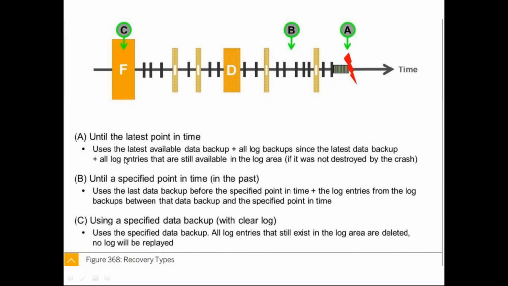That's the meaning of uses the latest available data backup, plus all log backups since the latest data backup. So this is the latest data backup you have, incremental. After that, what are the log backups we have? These black color ones. Those log backups will be used.